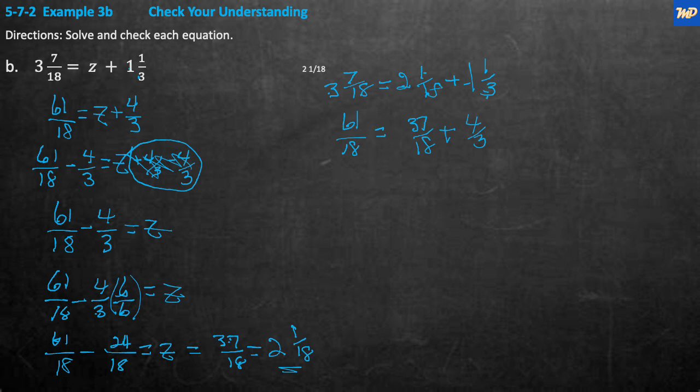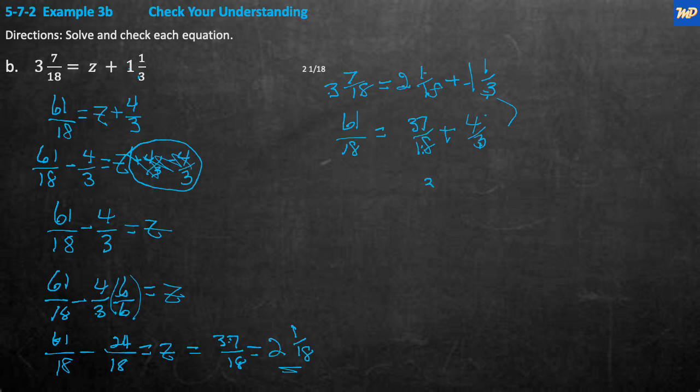Okay, so again, we're going to add these two numbers together, and if we come out to 61 18ths, we win, right? In order to get this to be an 18, we're going to multiply the top and the bottom by 6.